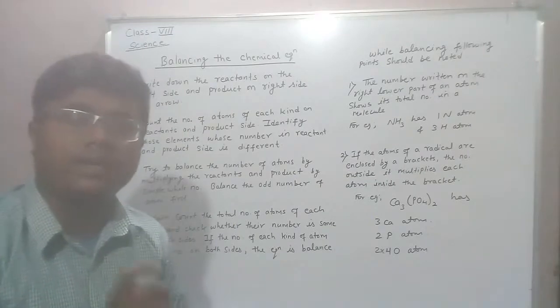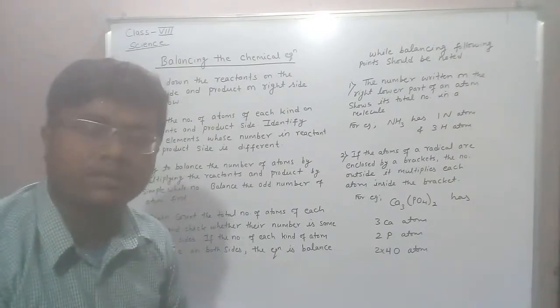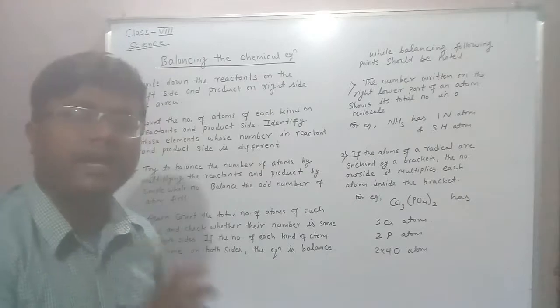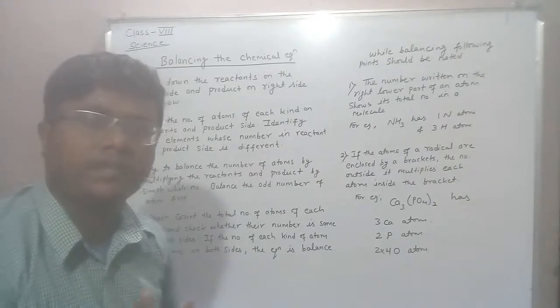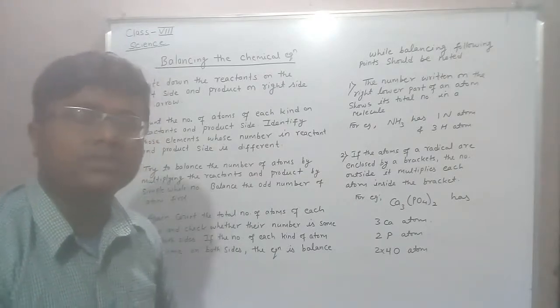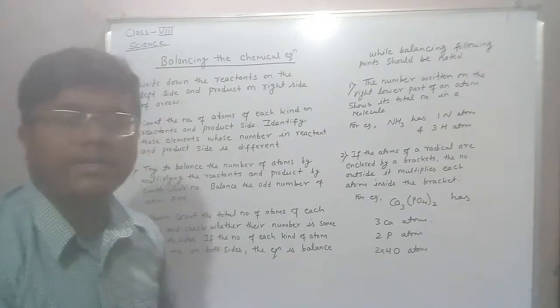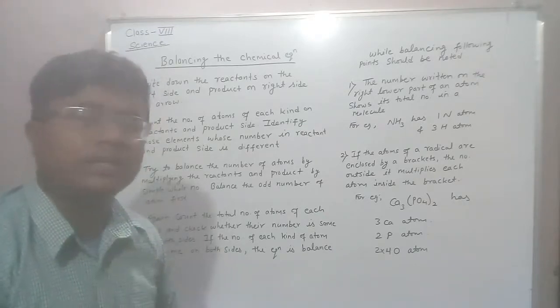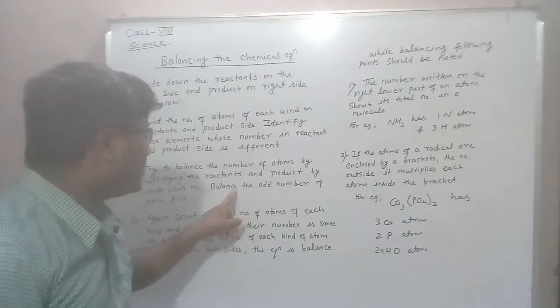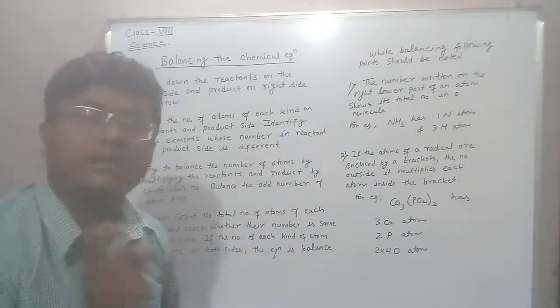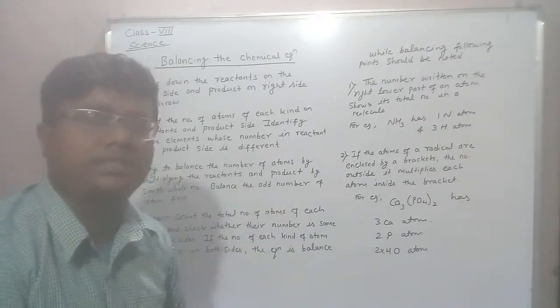To make a perfectly balanced equation, we need to balance the atoms. The same atom must have the same number on both sides, so odd numbers of atoms should be balanced first.